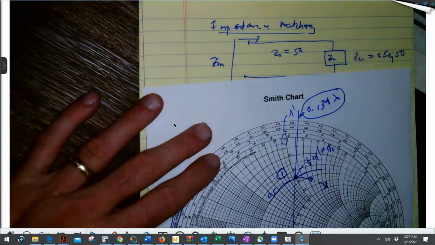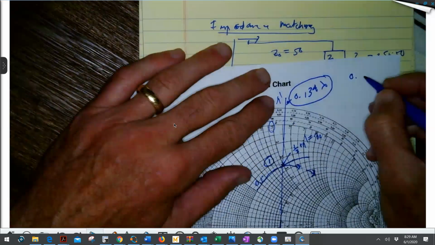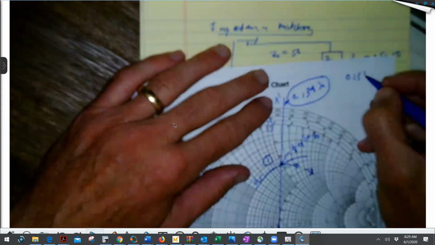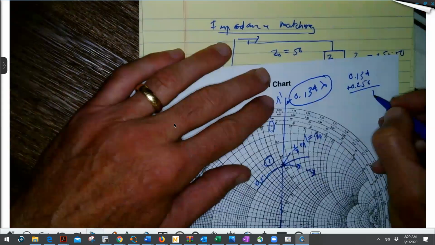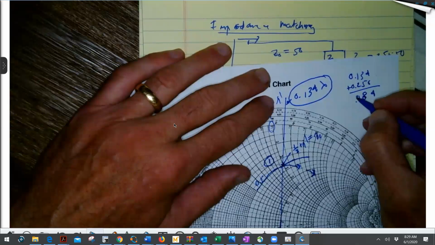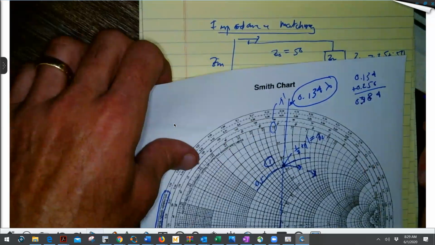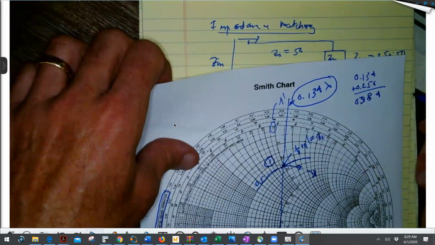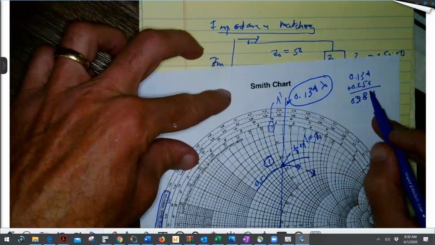I'll add a quarter wavelength to that, 0.250. So that's 0.384. Do you all agree with that, class? We're just adding, see, these are increasing numbers. If we add a quarter wavelength to that, we're going to be down here.